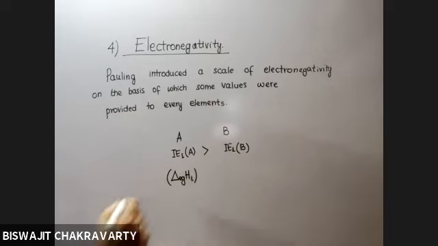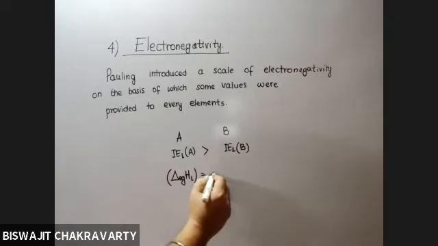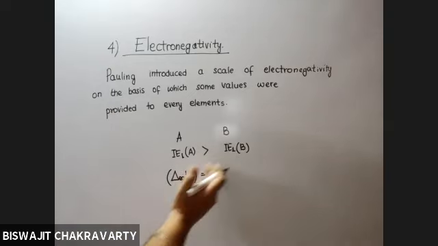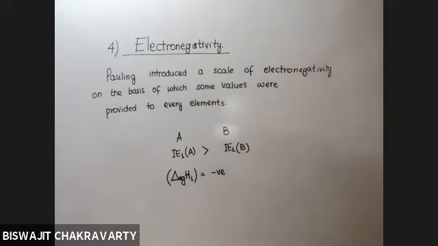So delta EGH is the amount of energy released when an electron is added up to the outermost shell of an isolated gaseous atom. So if you want to find out which atom has greater tendency of accepting the electron, can we not make it out on the basis of delta EGH as well? More negative the delta EGH, it means more has the tendency of this particular atom to gain the electron.